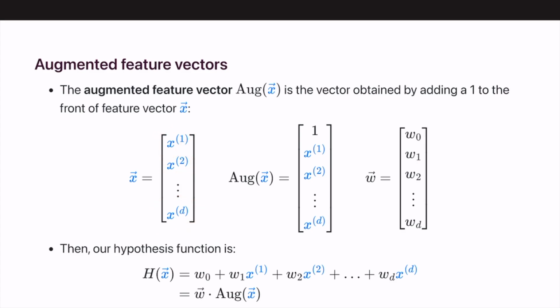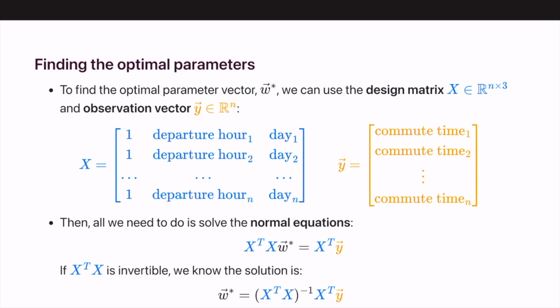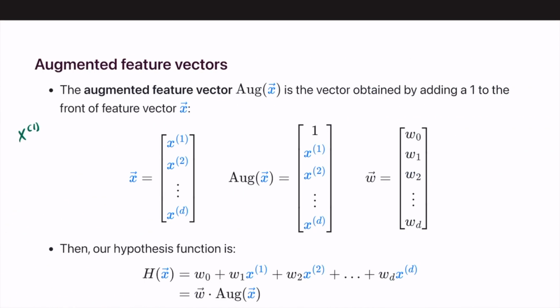So if we had an actual example of this, we could say that x1 would be, I believe we use departure hour first and then day, so x1 is equal to departure hour, x2 is equal to day of month. And we're going to have any number of other features in here, for however many features we have.